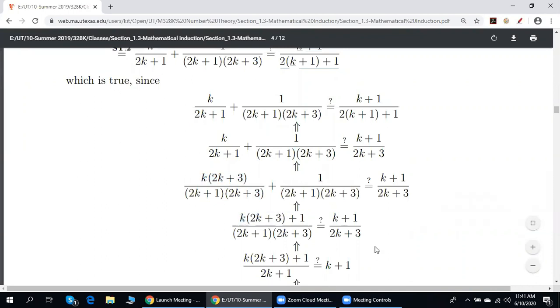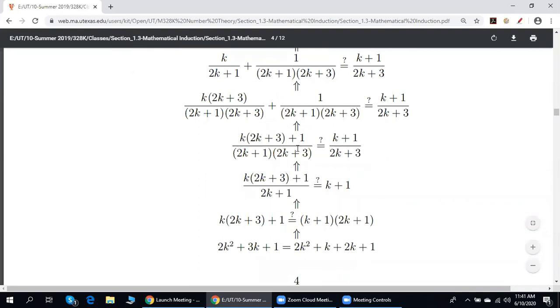After that, we add up tops. Done. Then we multiply the left-hand side and the right-hand side by 2k plus 3. 2k plus 3 is gone on the right. 2k plus 3 is gone on the left. Then we multiply the left-hand side and the right-hand side by 2k plus 1.